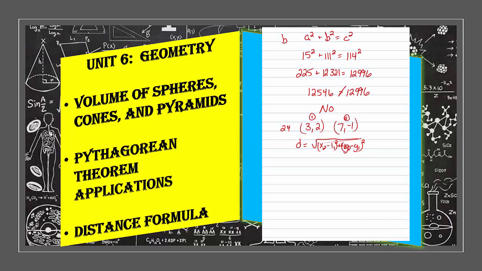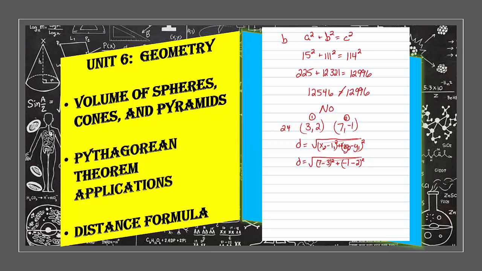And d is equal to the square root of my x2, which is 7, minus my x1, which is 3, squared, plus my y2, which we said was -1, minus my y1, which is 2, squared. And now we just clean it up. This is using basic algebra rules.